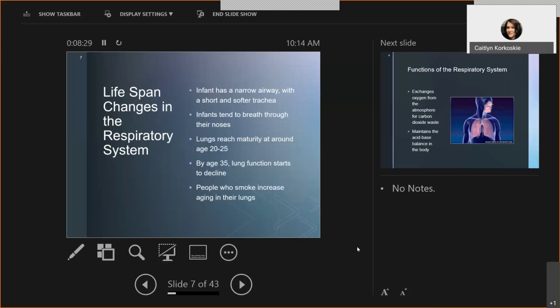Your body always changes, kind of like how your bones continue to grow up until a certain point. It's the way your body is building that structure. At 20 to 25 your body's like, all right, this is fully done. But at age 35 lung function can start to decline, especially in smokers. Smoking will of course damage their lungs and make that decline a lot faster.